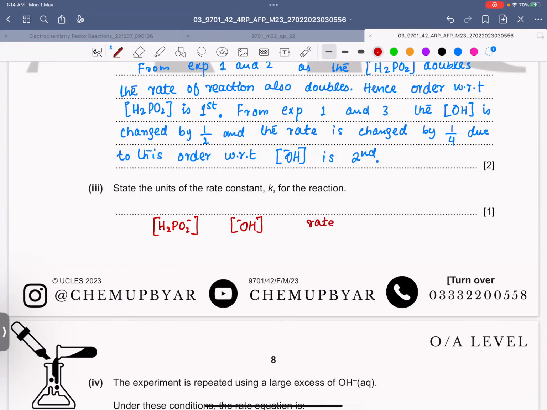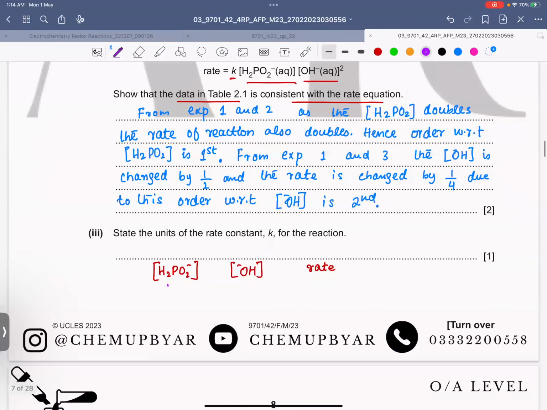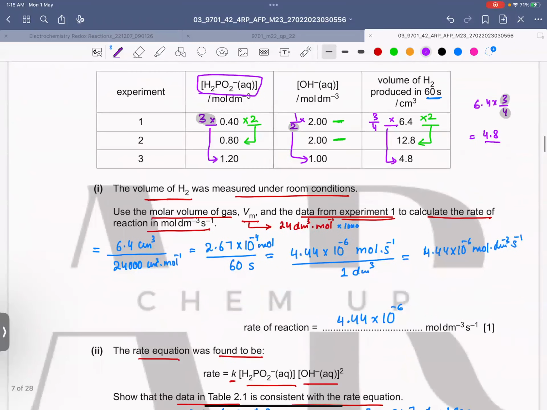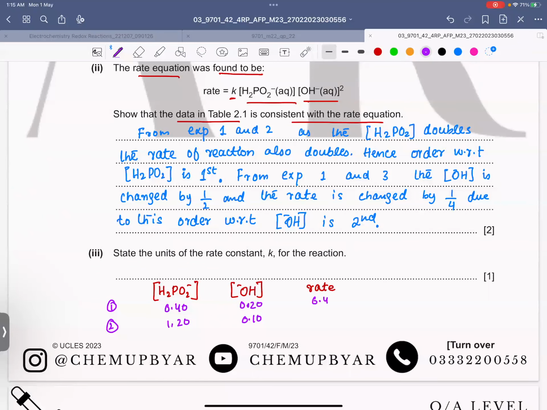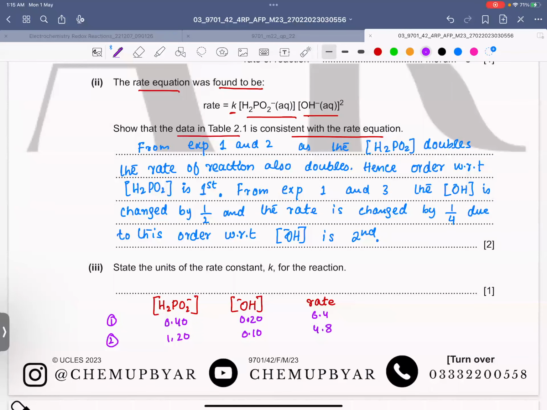So if you see and compare reaction 1 and reaction 3, in reaction 1 its concentration is 0.40, and in reaction 3 its concentration is 1.20. I am comparing reaction 1 and reaction 2 over here again. The concentration of hydroxide is 0.20, and here it is 0.10, right? And here the rate is 6.4, and here the rate is 4.8, right?